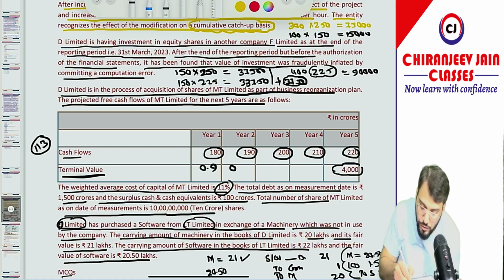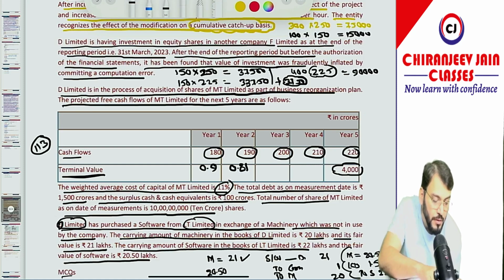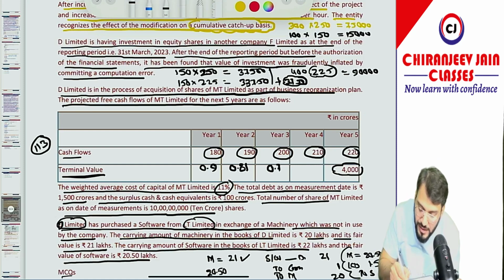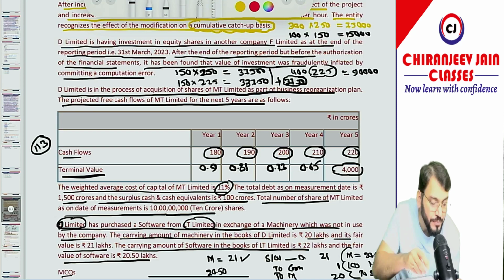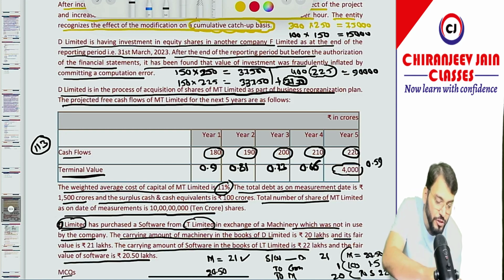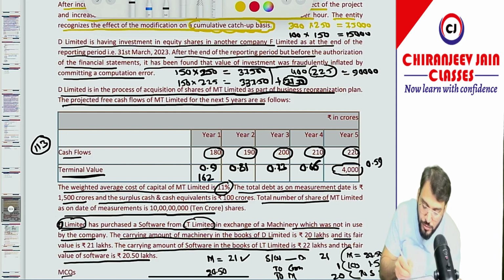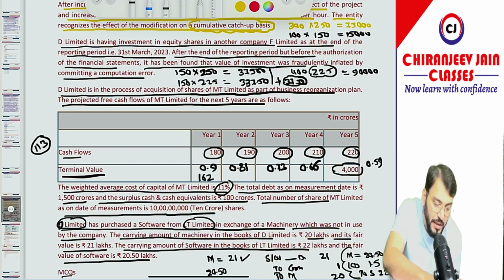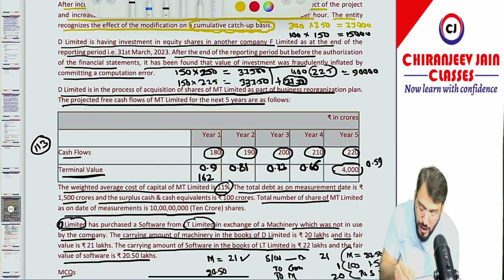Now multiply. 180 into 0.9 is equal to 162. 190 into 0.81 is equal to 153.9.